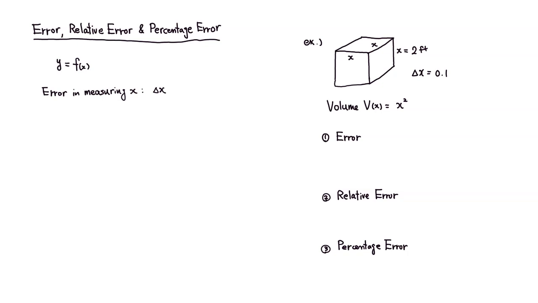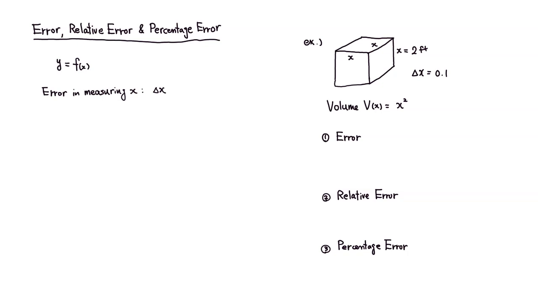But depending on how big the object is, if you're looking at a really tiny cube and you have 1 millimeter of error, it's going to be a gigantic error with respect to a tiny cube. But if you have 1 millimeter of error measuring one side of a gigantic cube, it's not going to make much of a difference.